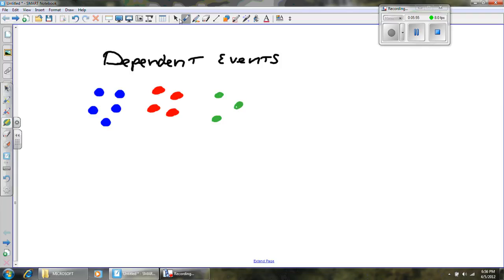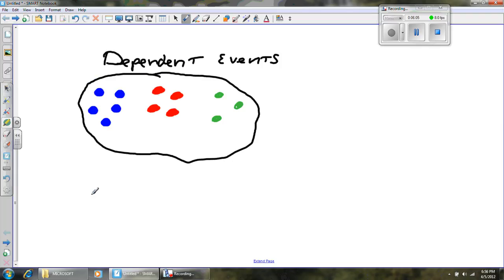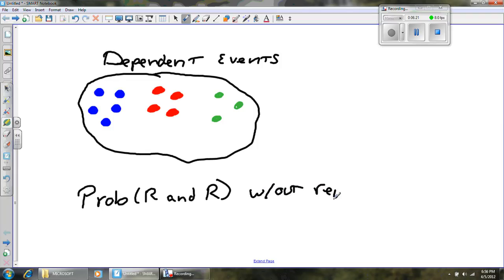Now, let's pretend they're all in a bag and that we can't look into the bag. Let's say I want to know the probability of reaching in, getting a red, and getting another red. Remember I said it was important, that will be without replacement. With replacement would make the problem independent events.